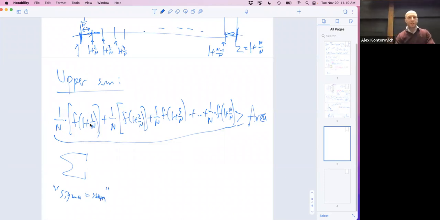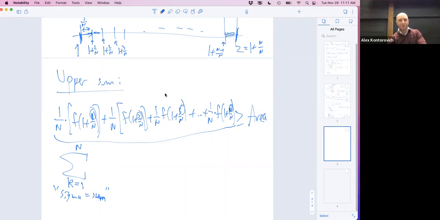Okay, what does each term, the kth term, look like? If we're looking at k, we'll start at 1 and go up to capital N. It's these values that are the only thing that's changing from one term to the next. So the sigma notation means sigma as k goes from 1 to n of a typical term.